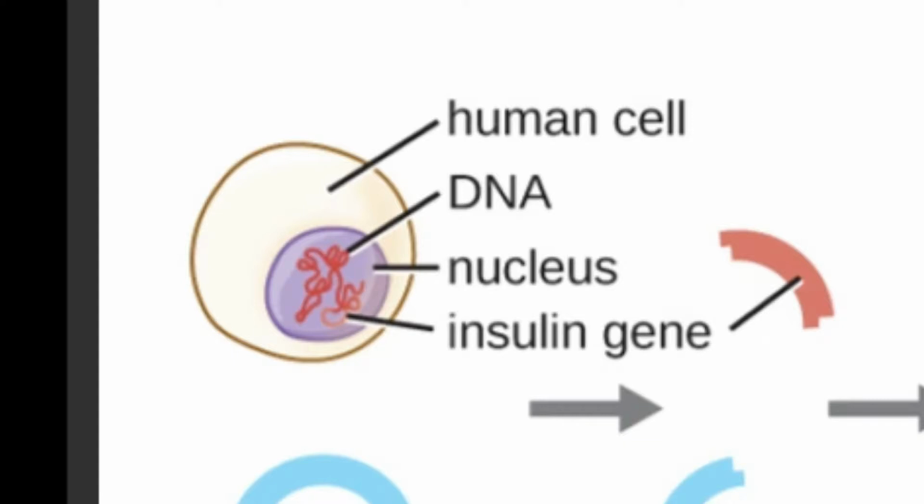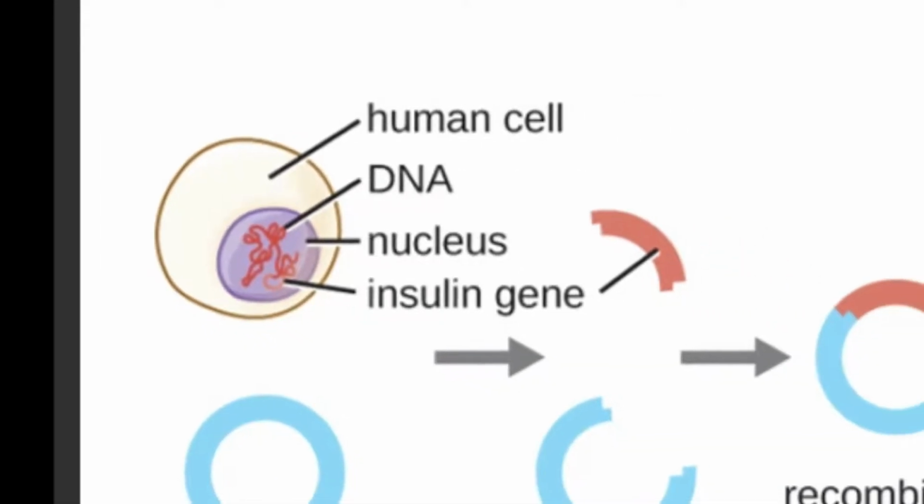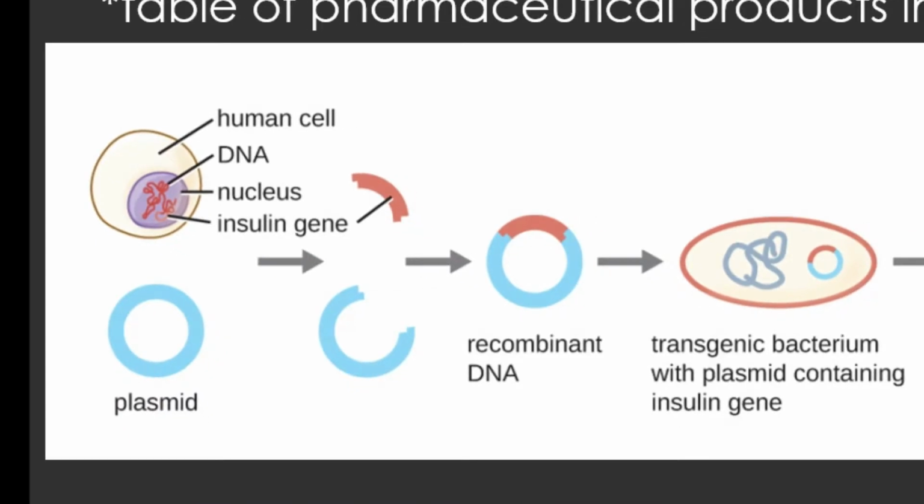So we need to cut that gene out of the human genome and we need to insert that DNA into a bacterial cell. Now, we know that there's a process of transformation, and transformation can occur when a piece of DNA is found in solution and taken up by bacteria.